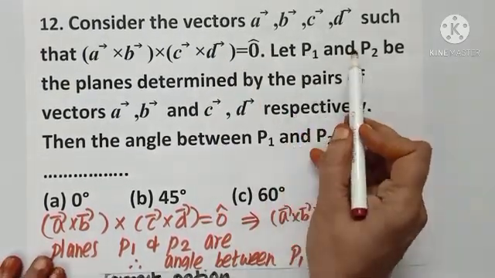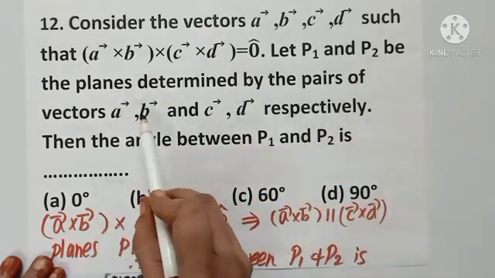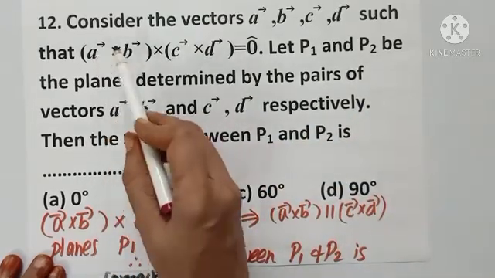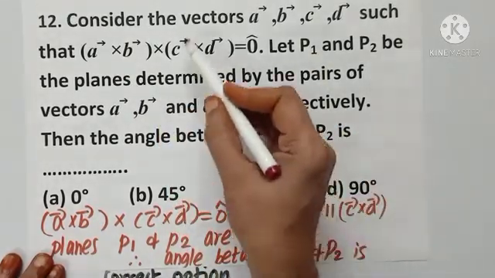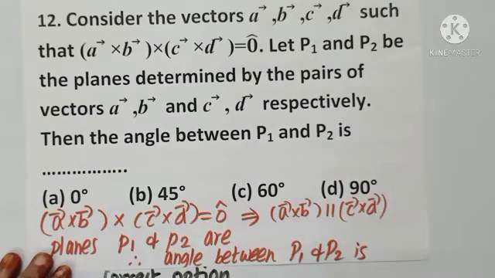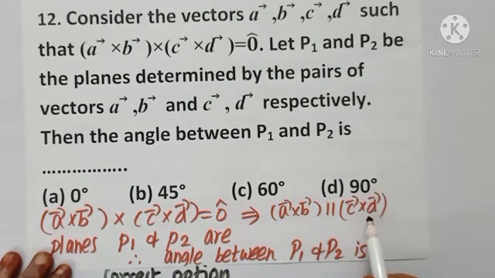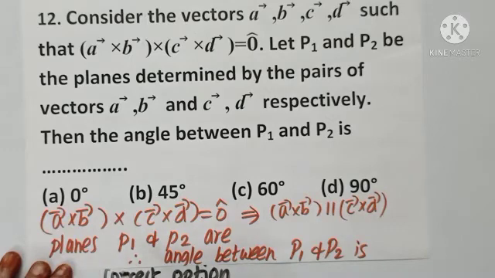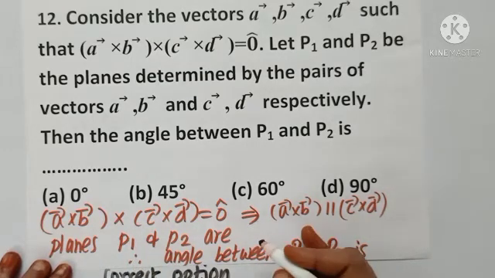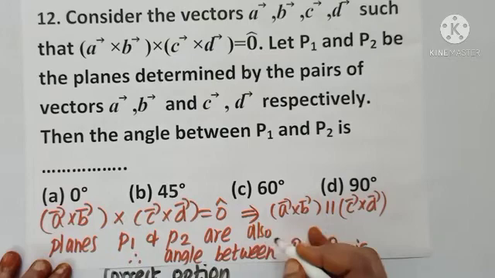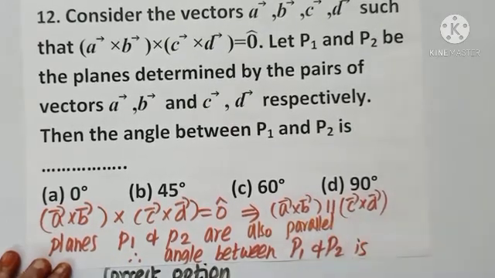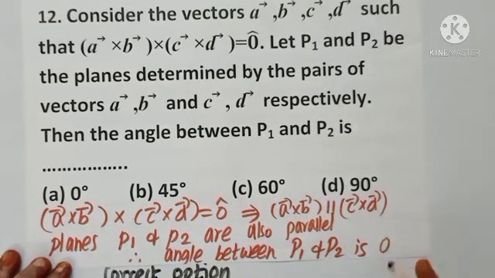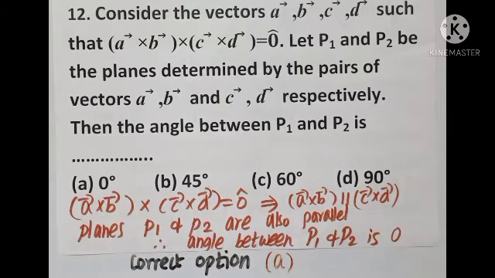Given P1 and P2 are planes determined by A, B and C, D. So A cross B represents plane P1, C cross D represents plane P2. Whenever A cross B and C cross D are parallel, we can immediately say planes P1 and P2 are also parallel. That is my understanding. Whenever the planes are parallel, we declare the angle between P1 and P2 is 0. So the correct option is A.